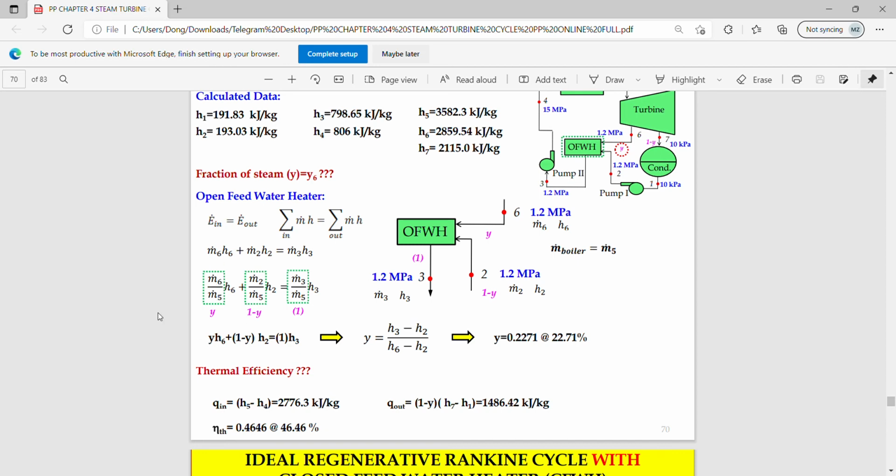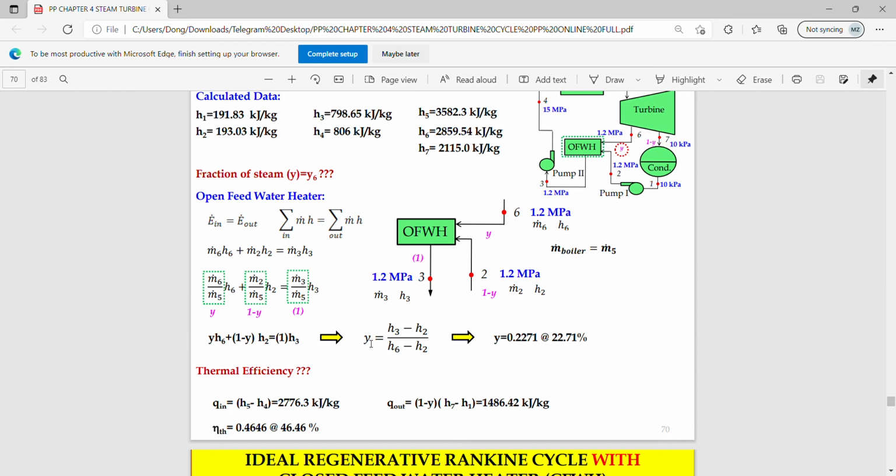So we get this equation. From this equation, we know that M dot 6 over M dot 5 equal to Y. M dot 2 over M dot 5 equal to 1 minus Y. M dot 3 over M dot 5 equal to 1. So we get this equation.